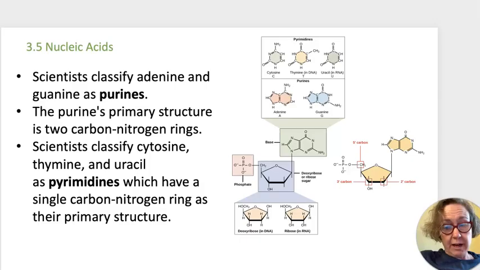That's just the name that it has, a little organic chemistry classification. The purine's primary structure is a 2-ring carbon nitrogen structure. So let's look at this for a second, right? There are 2 rings. Those are purines. Pyrimidines just have 1 single carbon nitrogen ring. So that's the difference between the purines and the pyrimidines.